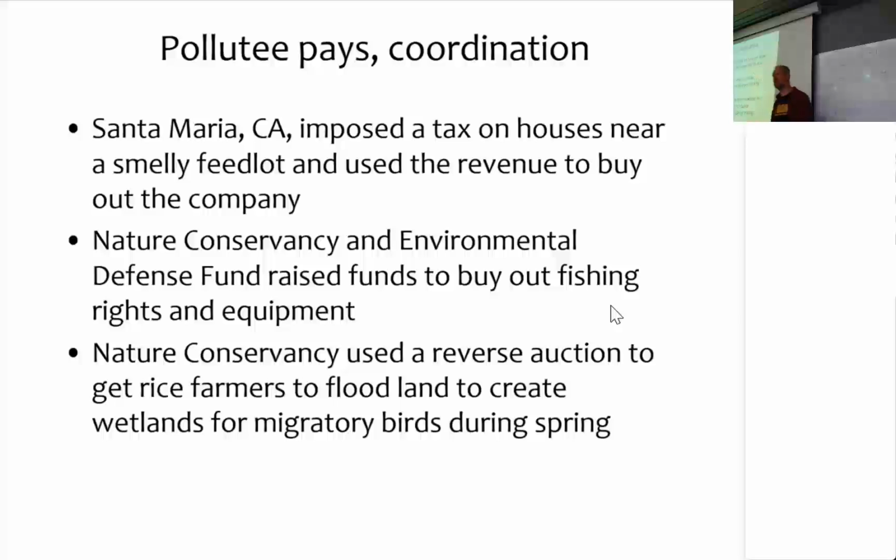They solved the second problem by organizing this reverse auction where they say, we have $5 million to spend on farmers keeping their fields flooded in spring. You farmer, how much should we compensate you? And we're going to spend this $5 million on the farmers who offer this the cheapest, right? And that is how they solved the coordination problem.